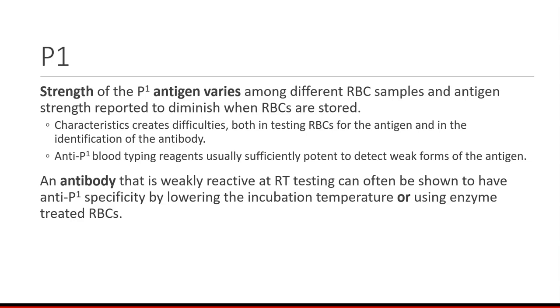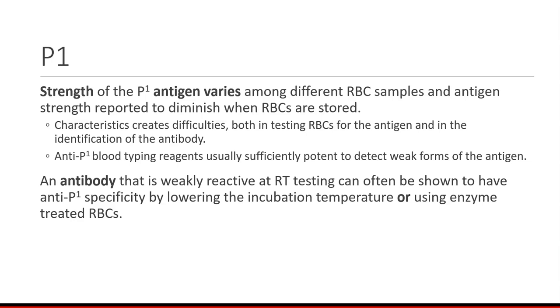This is why reagent red cells have such a short shelf life. Characteristics of the antibody create difficulties both in testing the red cells for the antigen and in the identification of the antibody. Anti-P1 blood typing reagents are usually sufficiently potent to detect weak forms of the antigen.